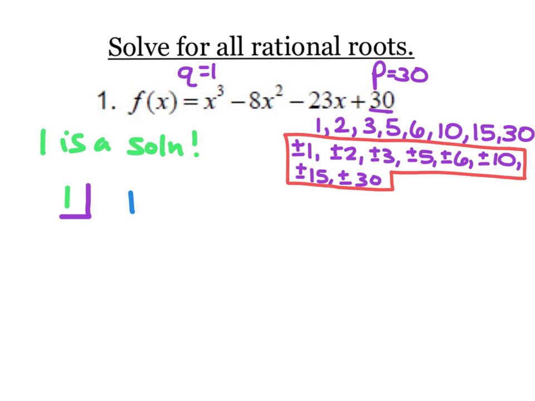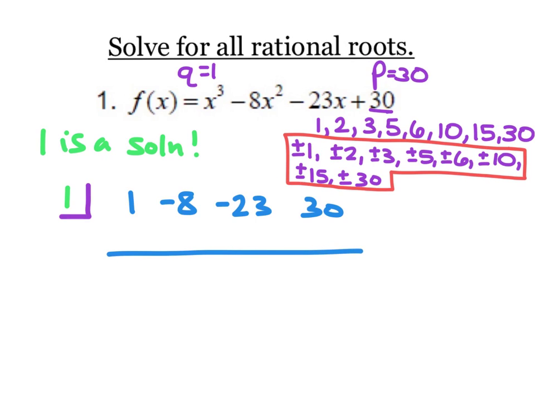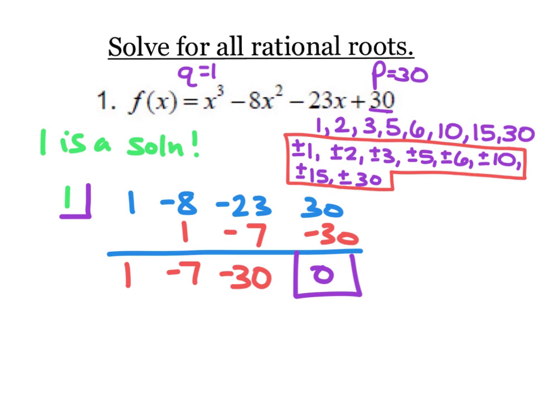My coefficients are 1, negative 8, negative 23, and 30. Draw your line, and you want to synthetically divide. Drop down the 1, we got 1 times 1 is 1. Add, we get negative 7. Add, we get negative 30. Multiply, and sure enough we get 0 for the remainder, which we already knew would happen because we already knew 1 was a solution.